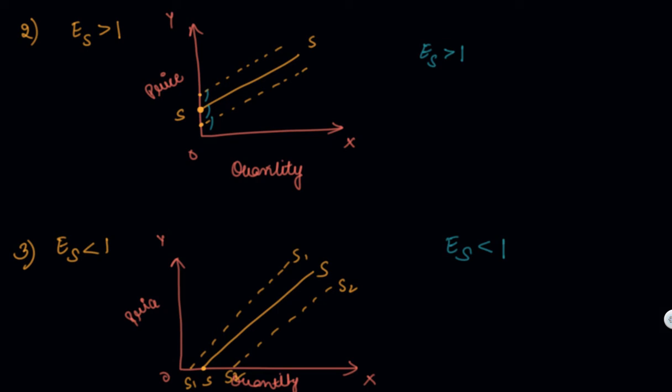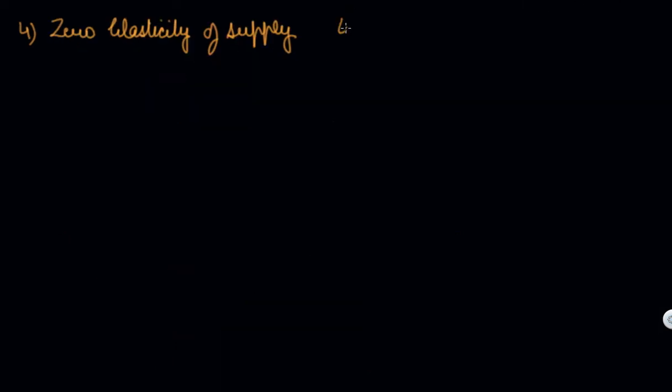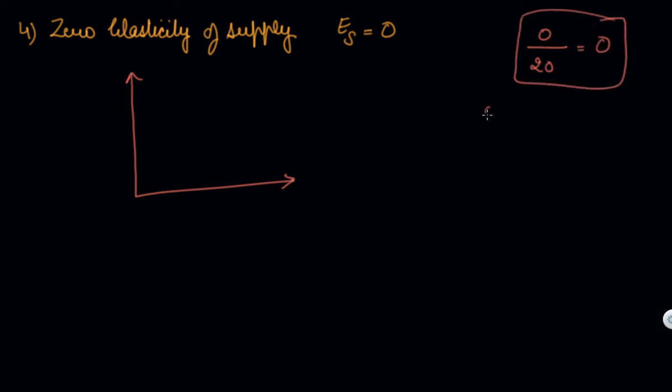Now there are two extreme situations of the elasticity of supply that we will understand in this video. The fourth one is when your elasticity of supply is equal to 0. When your quantity supplied changes by 0 and your price changes, it comes out to be 0, which means your percentage change in quantity supplied is 0, but there is a change in your price.